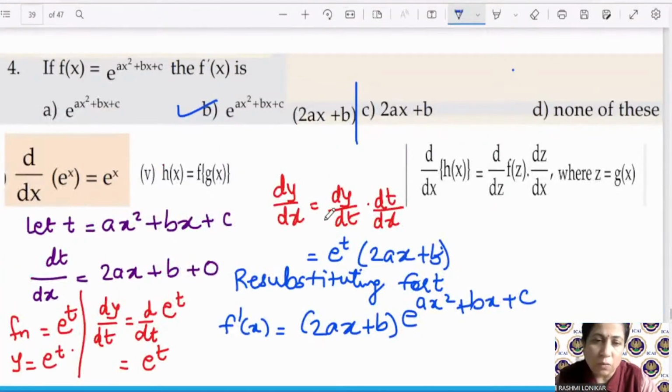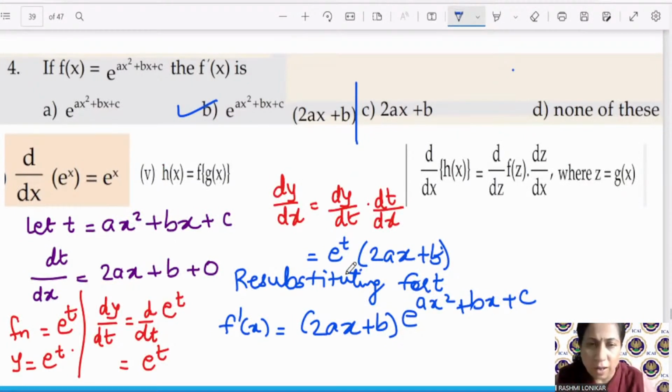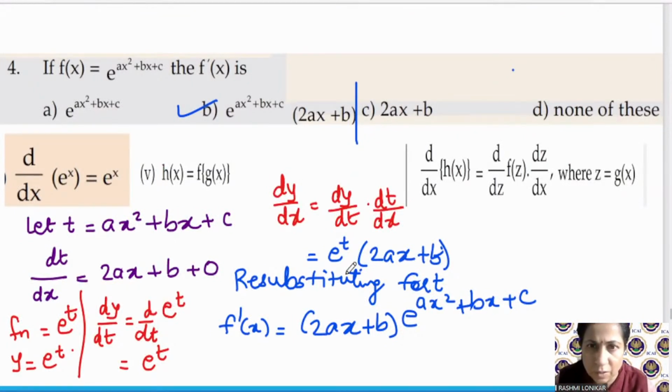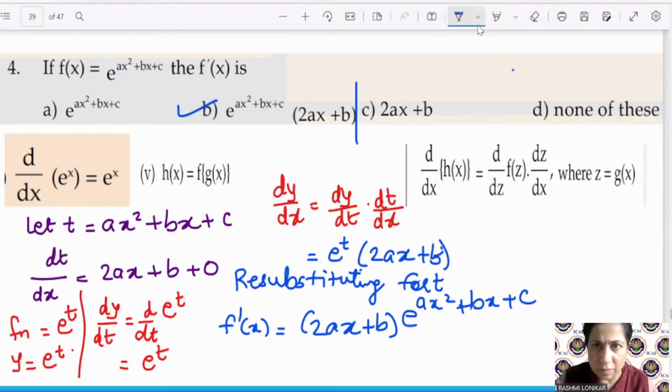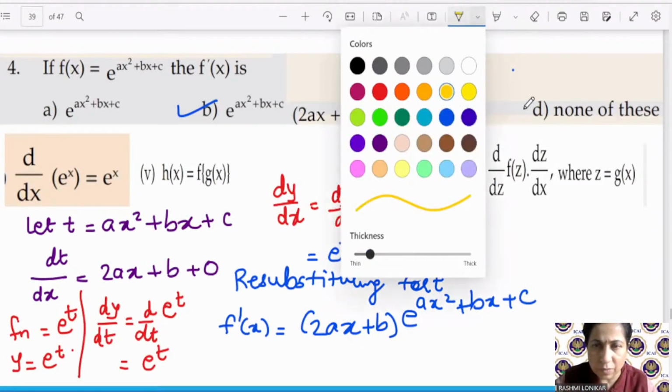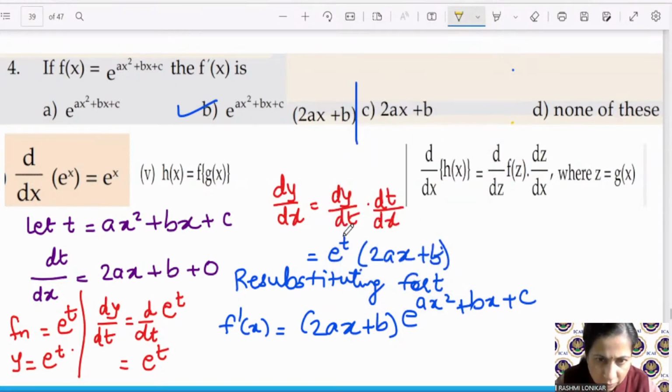Okay. See, wherever you see t in the final answer, you see this t over here. Instead of this t, I will write t to be equal to how much? What is my value of t? T is ax square plus bx plus c.